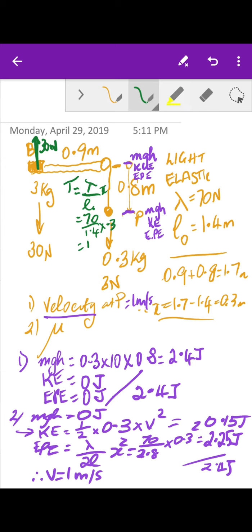So we've got a 15 newton tension in the string. Therefore our friction equals the coefficient times the normal, so 15 equals our coefficient times our normal, which is 30. Therefore our coefficient of friction is 0.15.